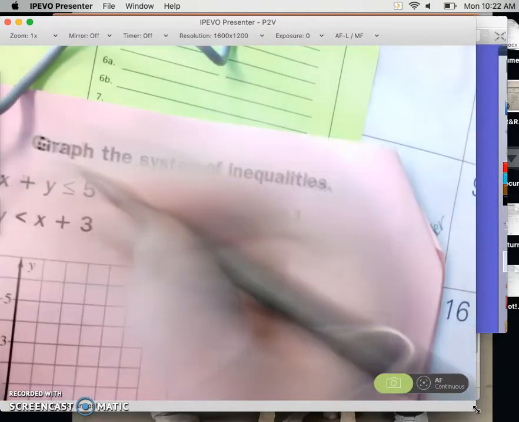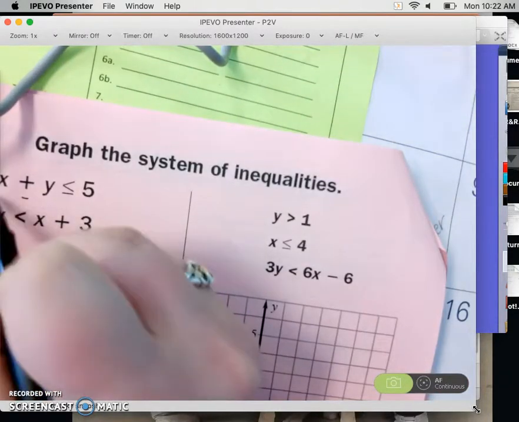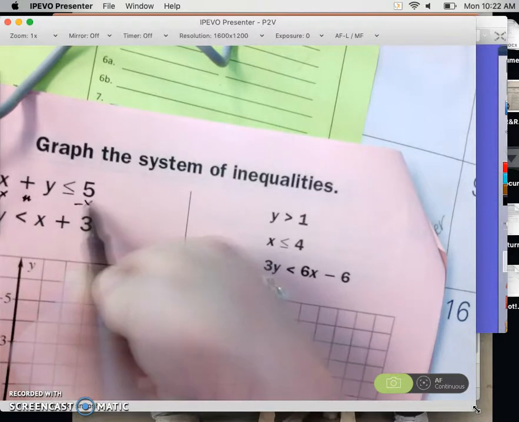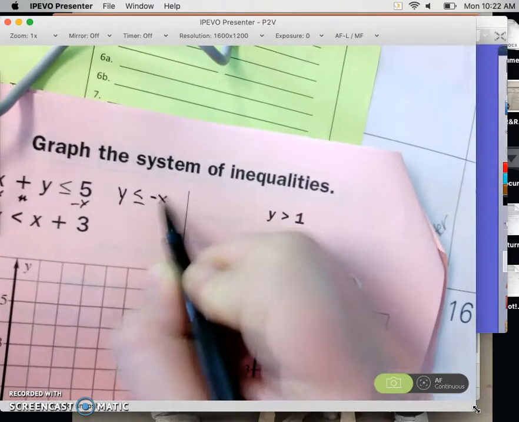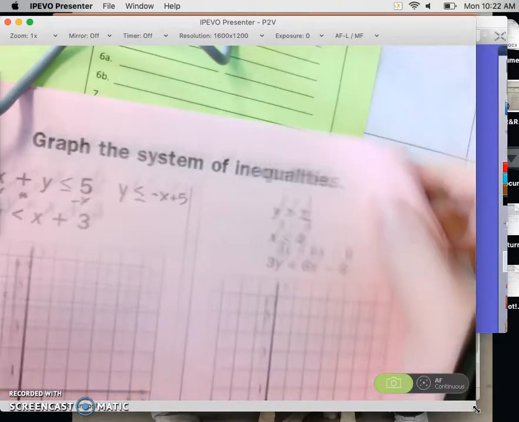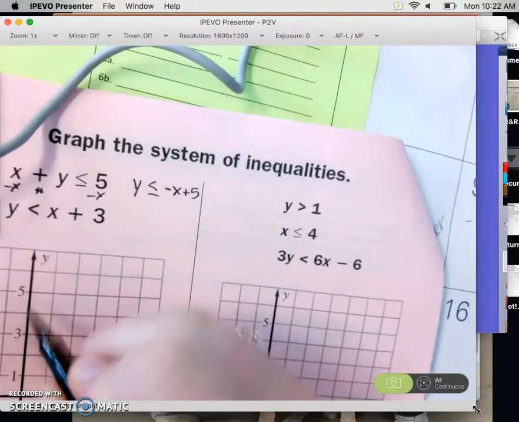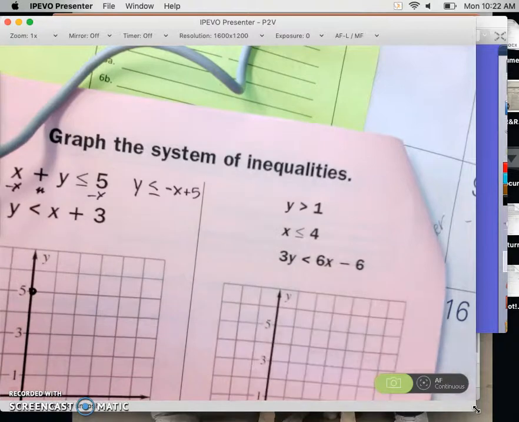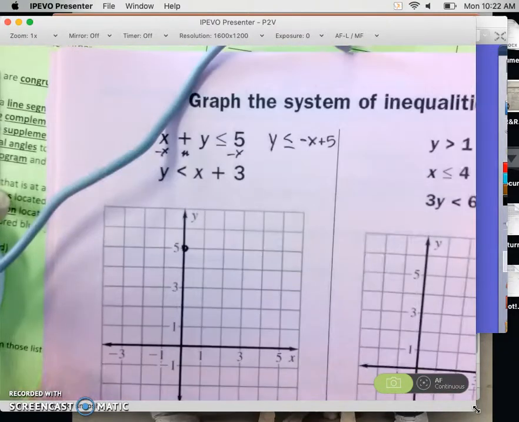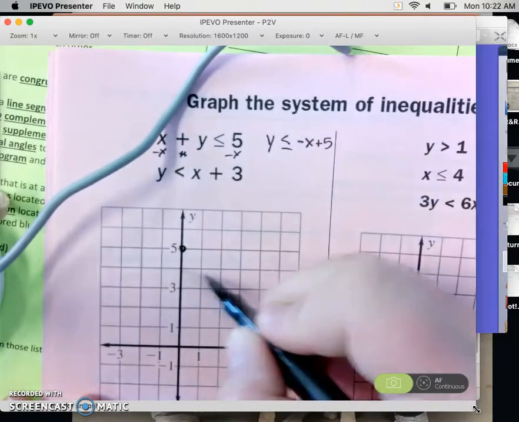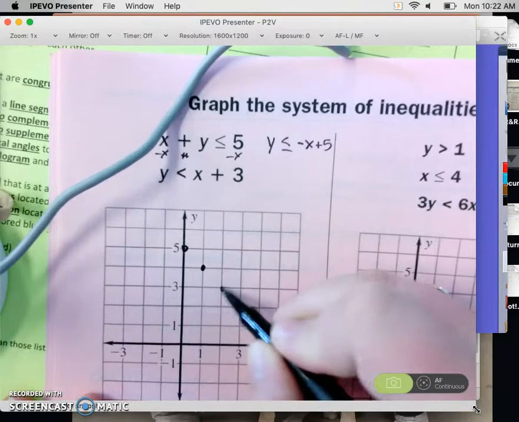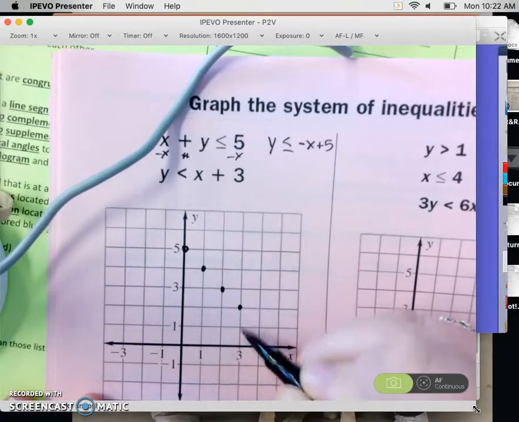Okay, so this one I need to get my minus x. So we have y is less than or equal to a negative x plus 5. So I'm going to graph that, go up to 5. And then my negative slope, or -1, so down 1 over 1, down 1 over 1.